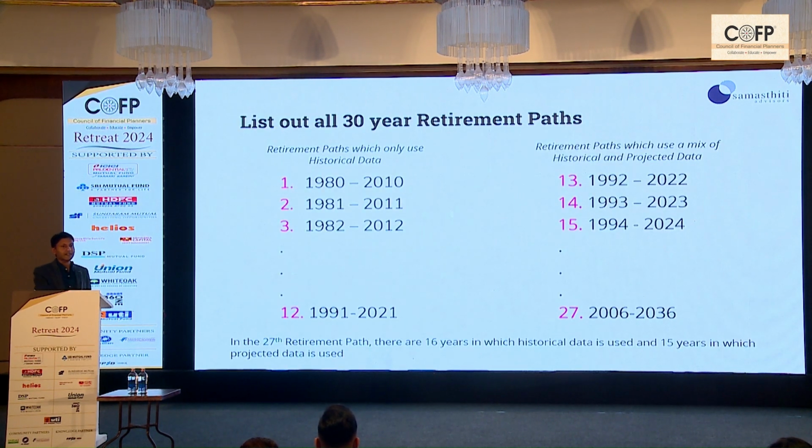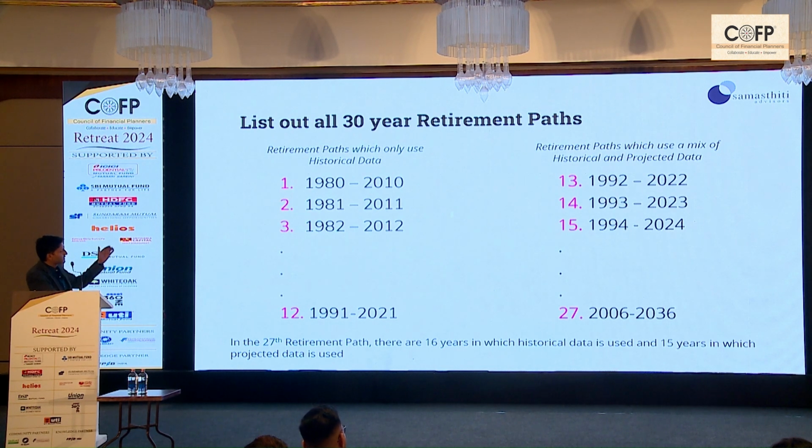First is, if we are looking at a typical retirement exercise where somebody retires at 60 and has a life expectancy of 90, so we are looking at a 30-year retirement period. So what you can do is, starting from 1980, you can take different 30-year periods to examine how asset prices behaved and to examine what would have been a withdrawal rate which would have ensured that the retirement corpus does not go to zero.